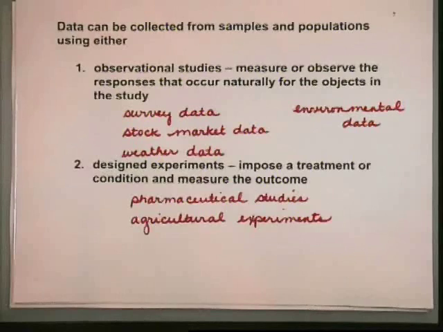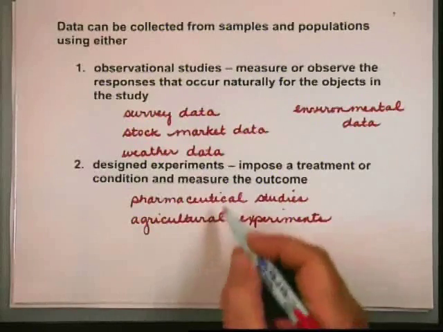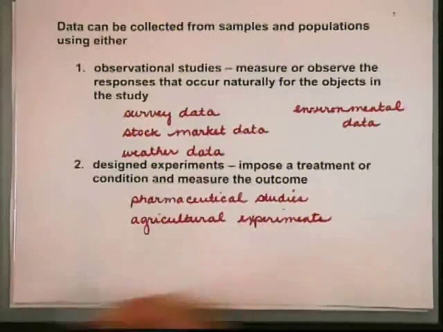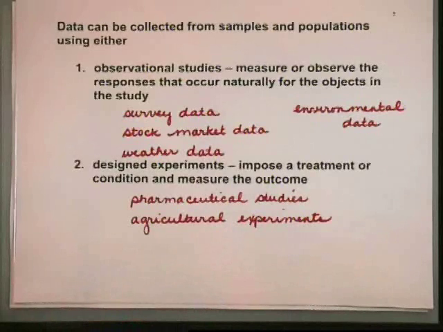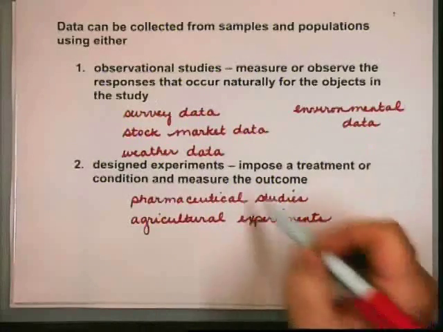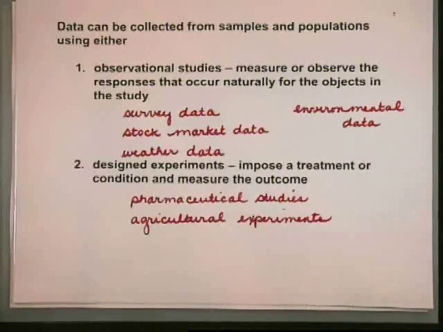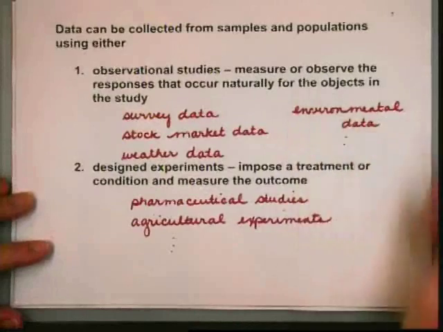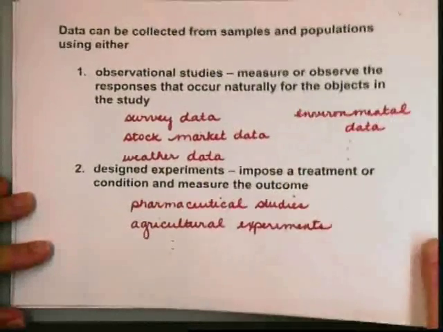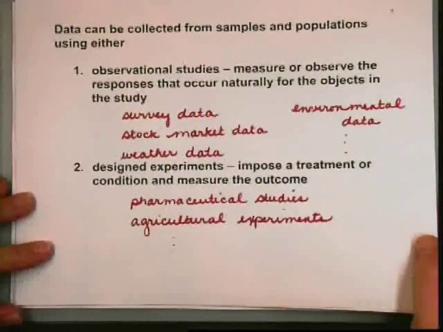We also see these kinds of things in biological sciences. So in designed experiments you typically look at a smaller group of individuals or objects, because of this imposition of a treatment. We're not limited to those, and for each of these we could come up with several more things. Everybody okay with that so far?